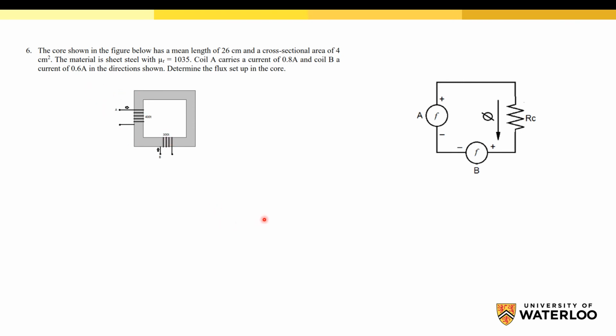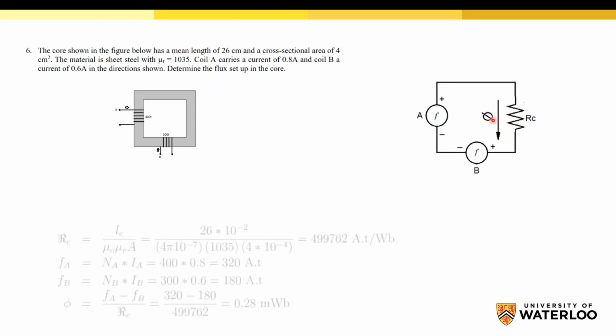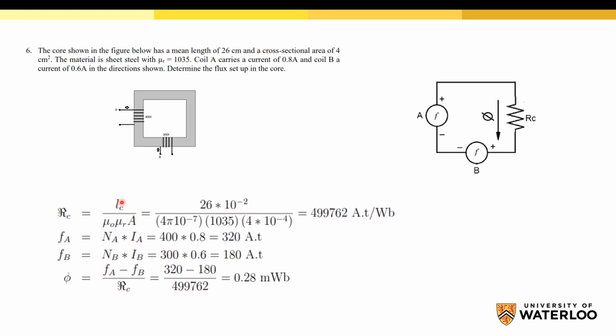And the only unknown now to calculate the flux is the reluctance of the core. So the reluctance of the core is equal to the length over mu times the area, mu equal to mu naught times mu r.